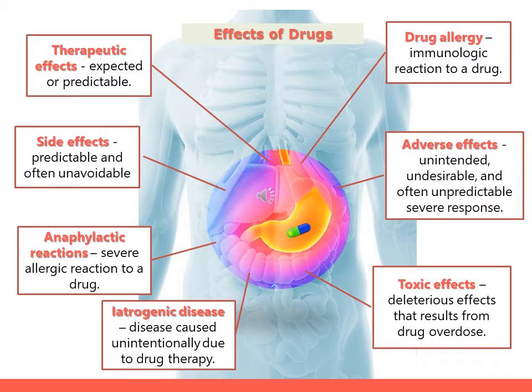Normally, if the patient is taking medication for a long period of time, the patient might eventually develop liver problems or liver toxicity. And liver toxicity is a form of iatrogenic problem due to long-term taking of medication.